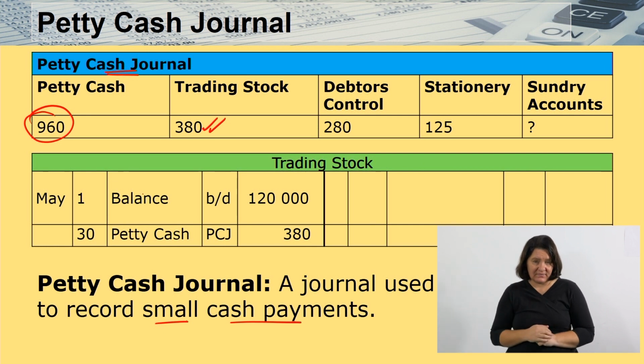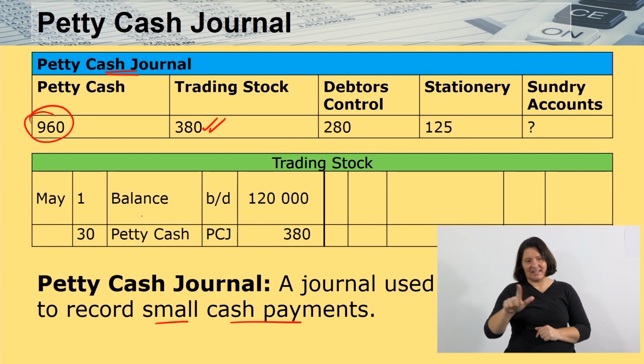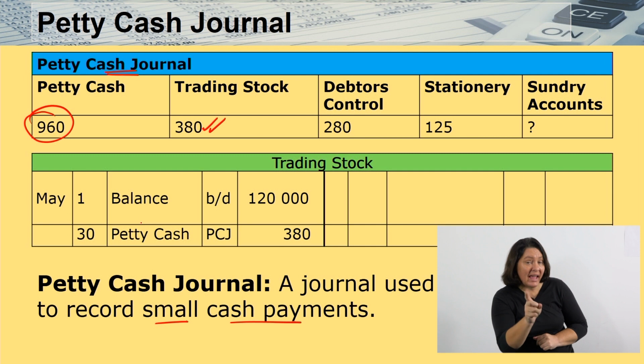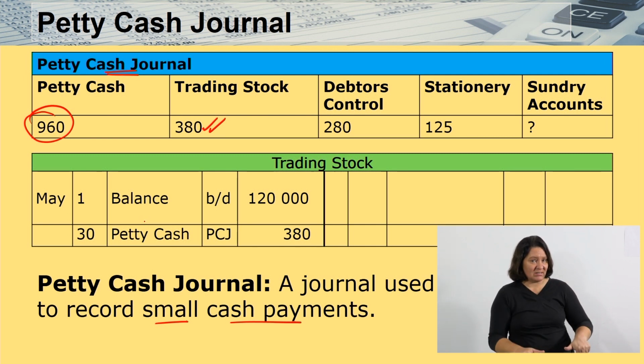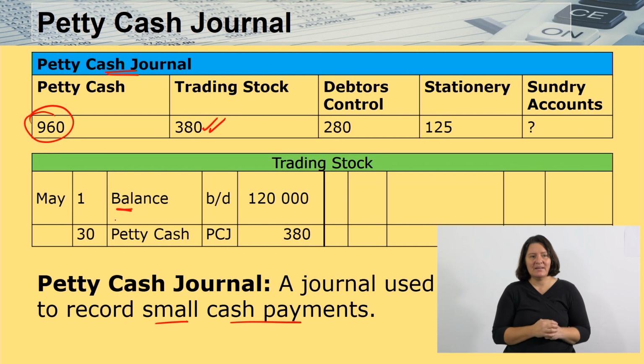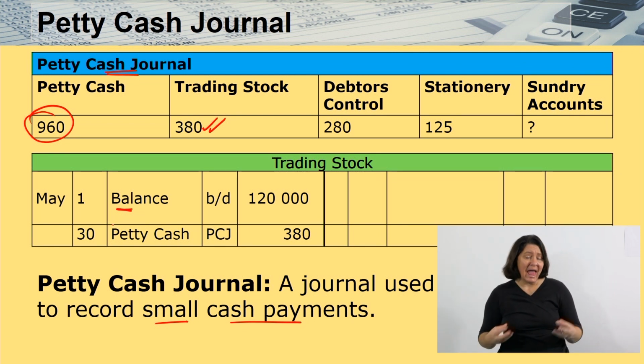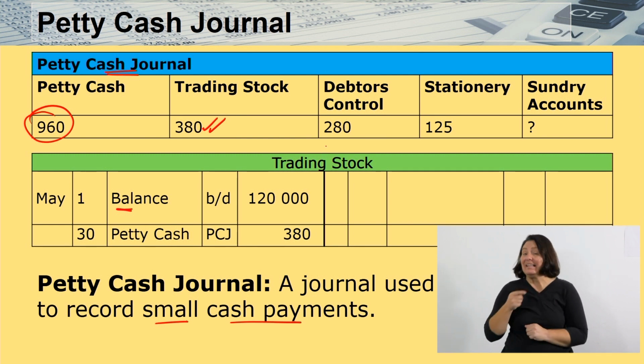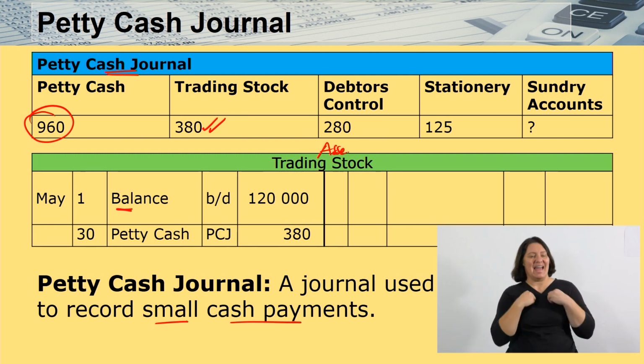Here is our general ledger. If I am to remind you again, trading stock account, what type of an account is it? Is it a balance sheet account or a nominal account? It is a balance sheet account, hence you see the word balance. The next question then is it income or an expense, an asset or a liability? This is an asset.